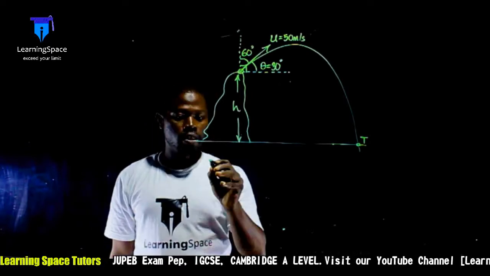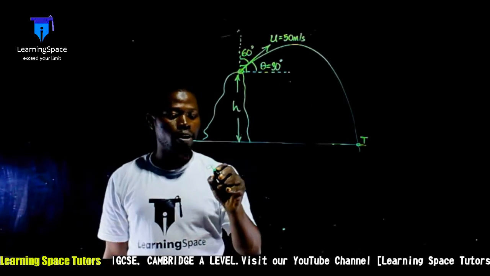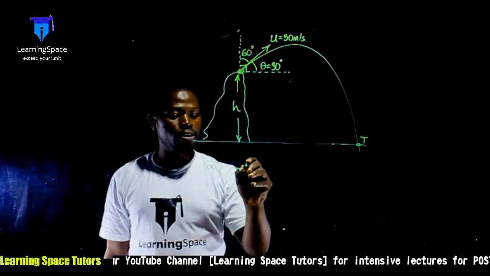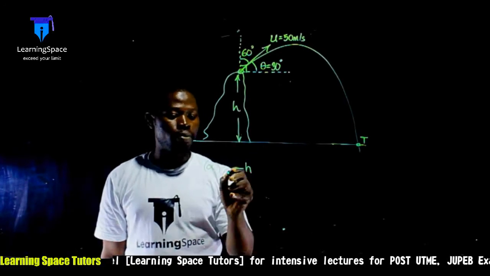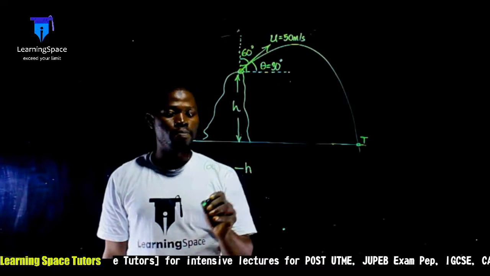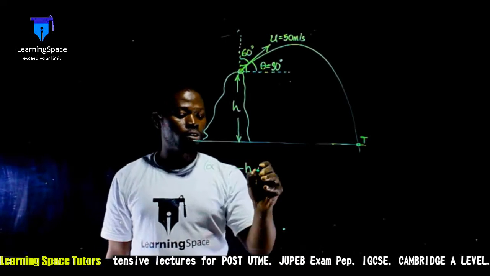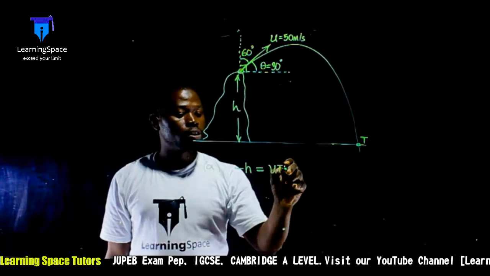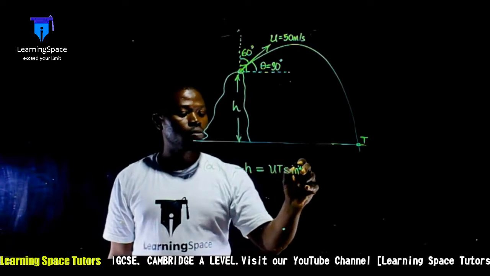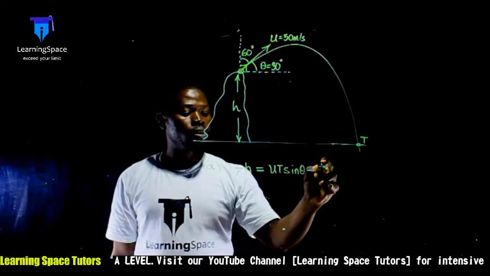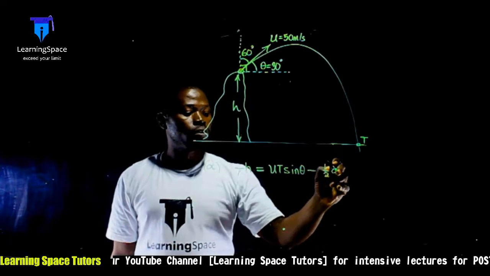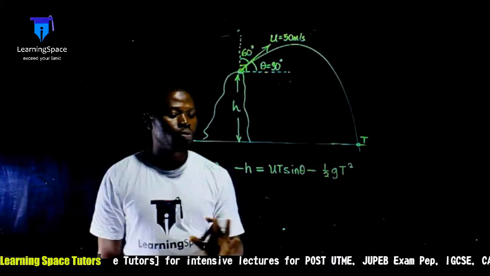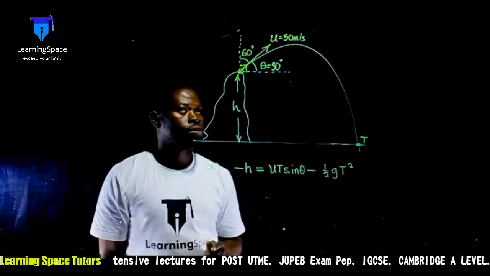Now, in this question, alpha, you use this formula: minus h equals ut sine theta minus half gt squared. Note that the minus sign is not just there by coincidence, there is a derivation for that. With this formula, this question is over.